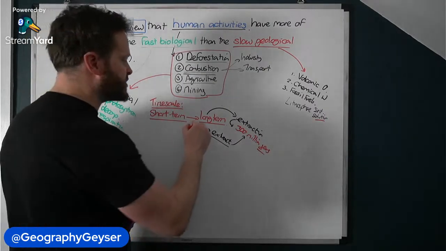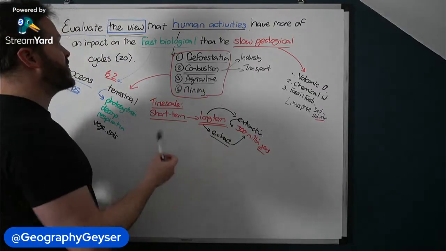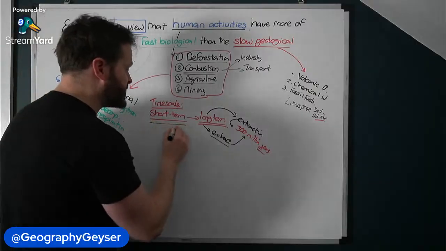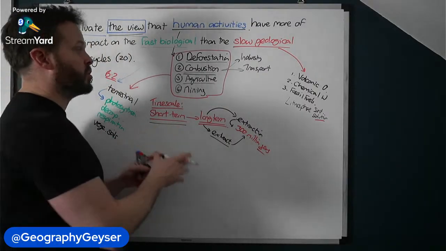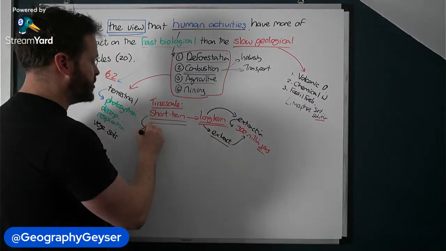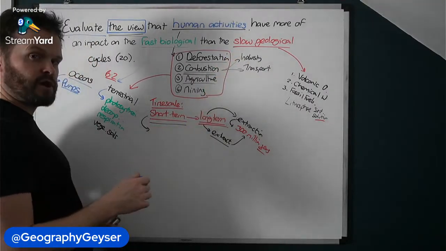We're affecting the slow geological cycle much more over the longer term than we are the fast biological cycle. Yeah, we're affecting the fast biological cycle over the short term much more than we are the slow geological cycle. That much is for certain. But not the long term. Over the long term, we're impacting the slow geological cycle to a far greater degree.